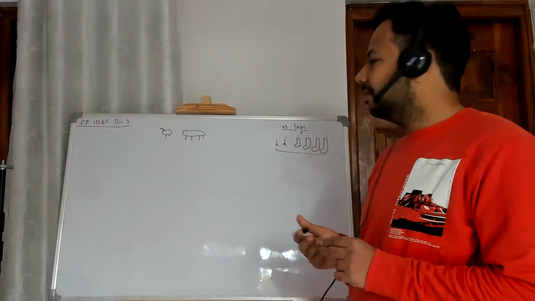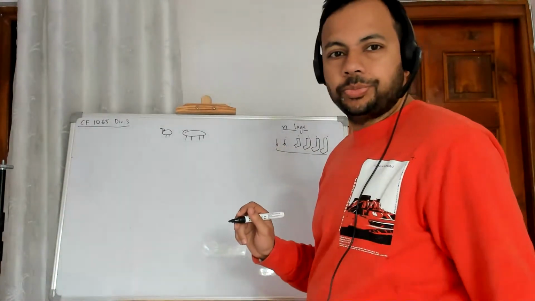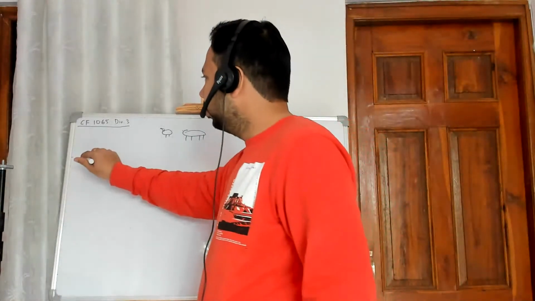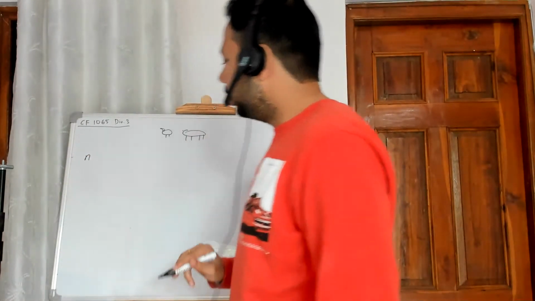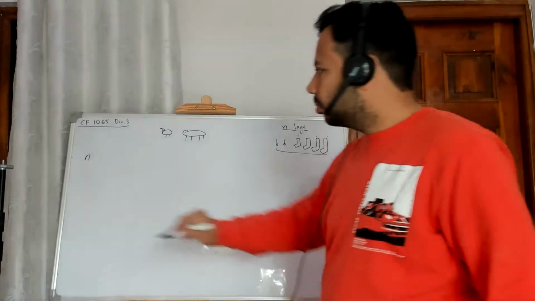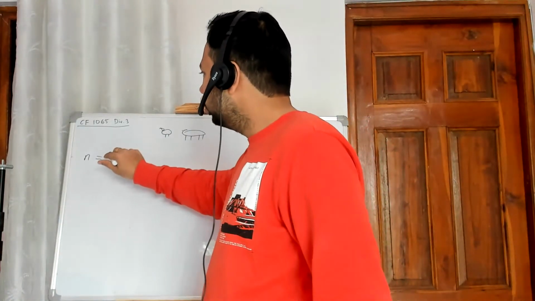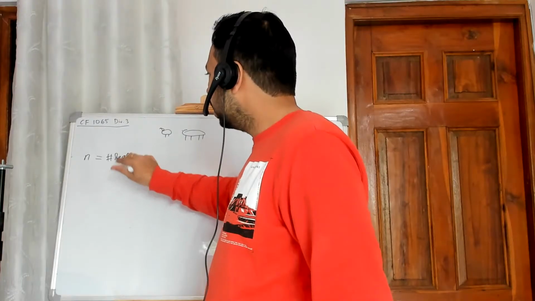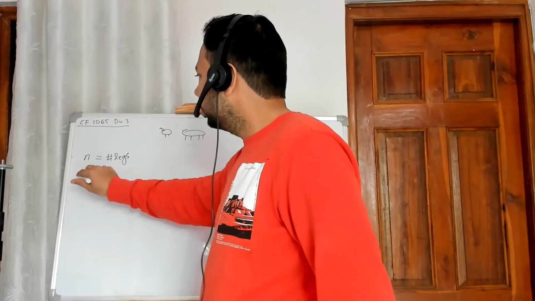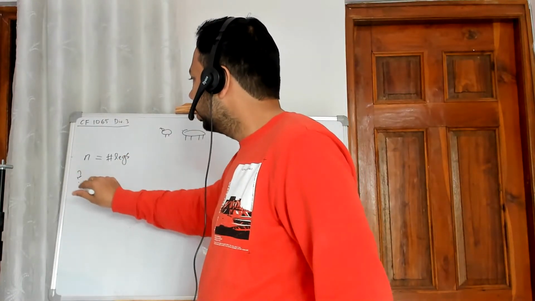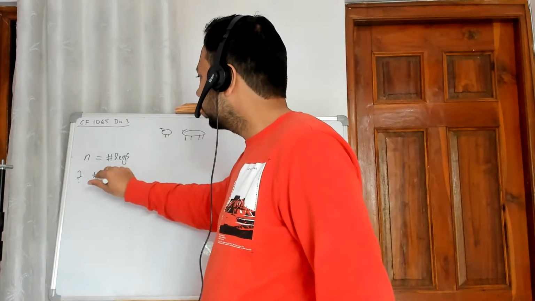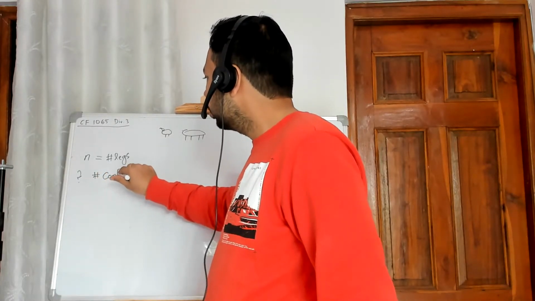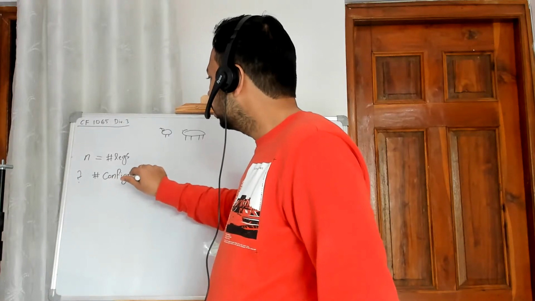So you are given a number n. Let me explain the question. You are given a number n, these are the number of legs, and for these legs you have to count the number of configurations.